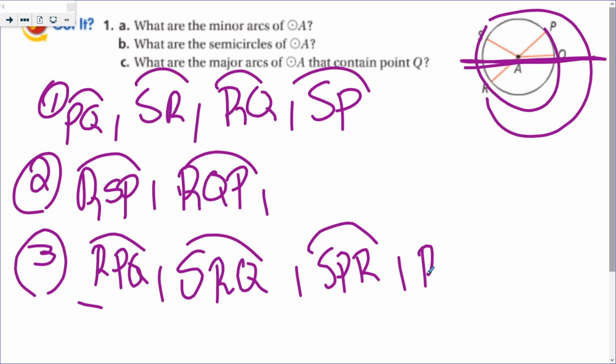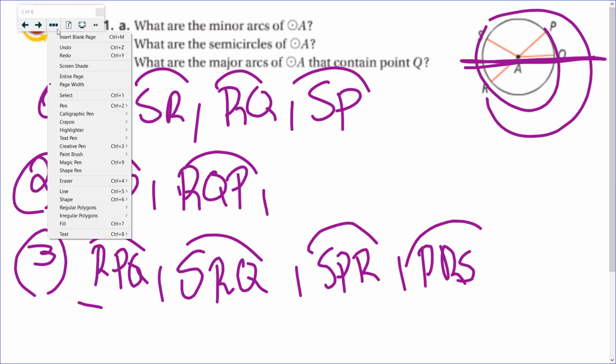And PRQ. That's it. Okay. So RPQ. Yes. Now, is it clear? Yes, teacher.